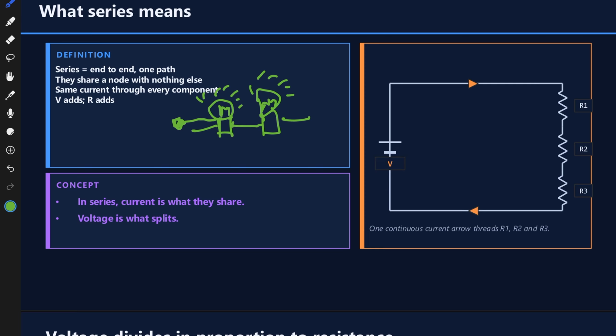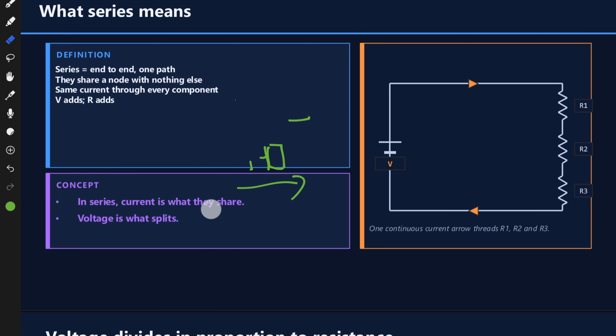And similarly, a line of dominoes, right? They're all on the same line. They're in series. So when you hit one, you're going to hit the other. It's going to pass through chronologically, or in this case, to the right.